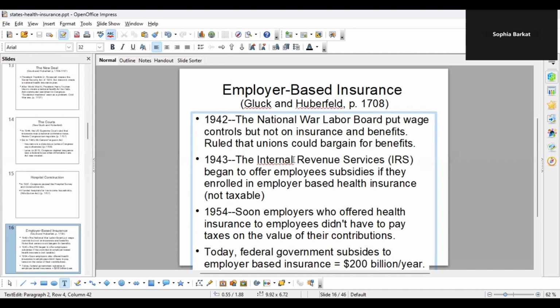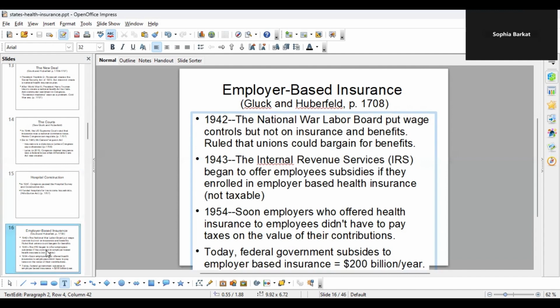And in 1954, the employers were also offered tax cuts by the government. Today, federal government subsidies to employer-based insurance equals $200 billion a year. And this is in Gluck and Haberfield. I'm still talking about that paper.